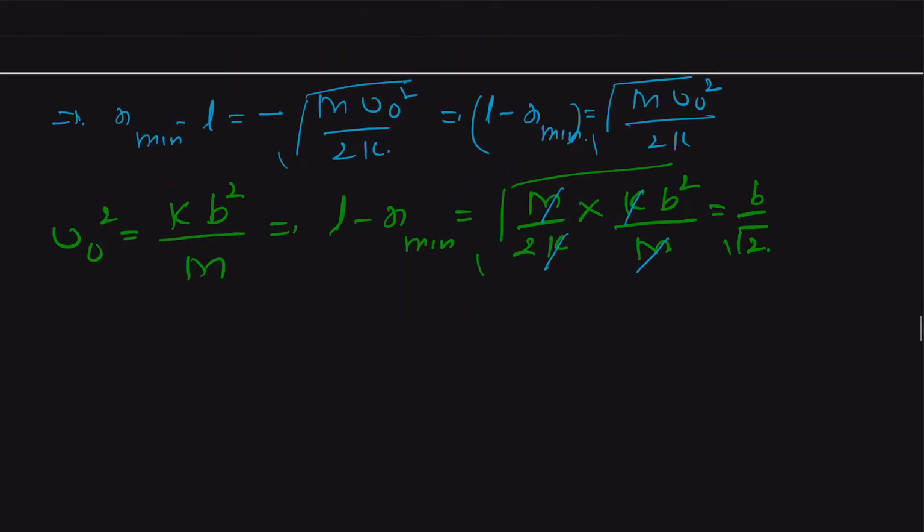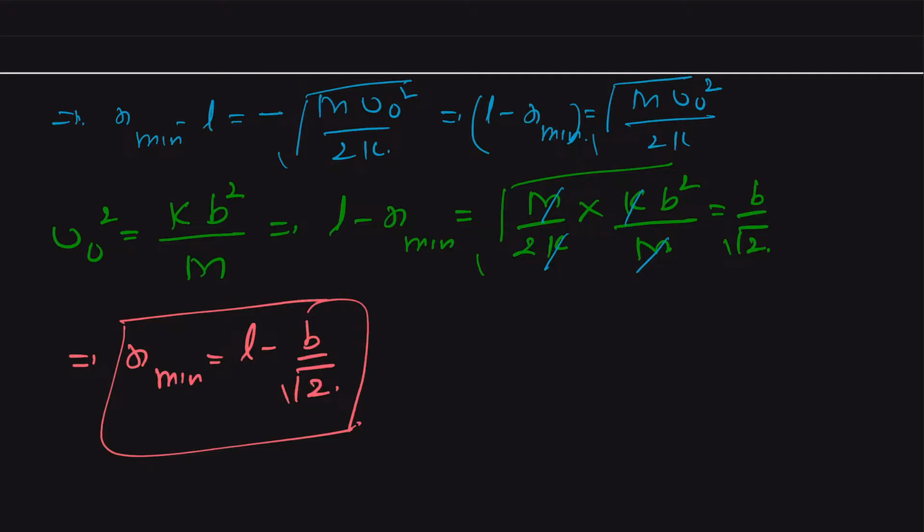Therefore our x minimum will be equal to L minus b upon square root of 2. So this is the minimum distance, that is, how close it comes to the wall.